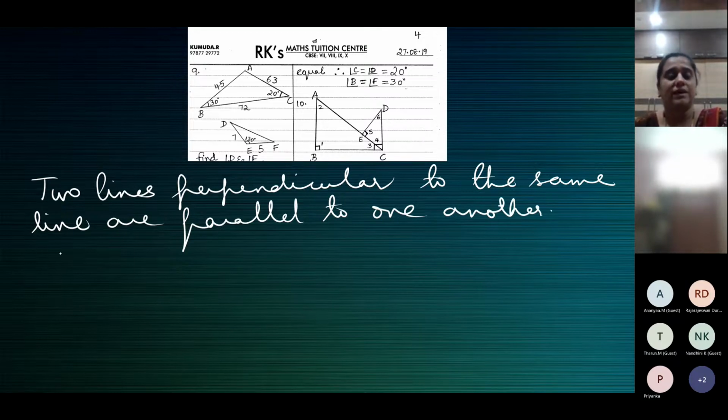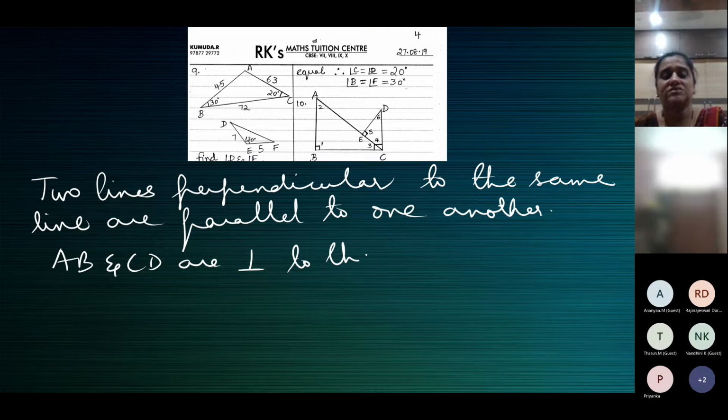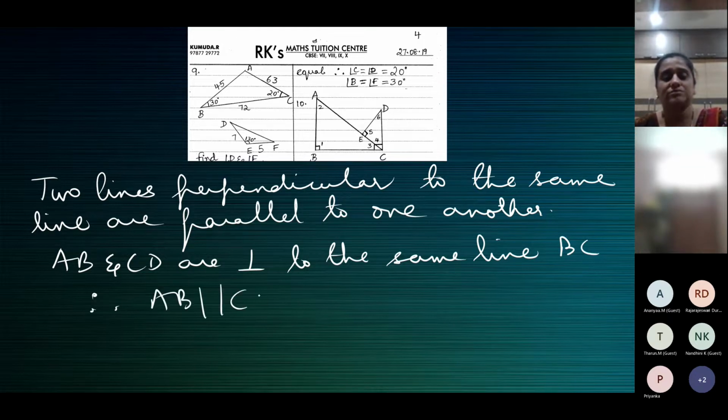So here AB and CD are perpendicular to the same line BC. Therefore, AB is parallel to CD. Like this, you can prove that AB is parallel to CD.